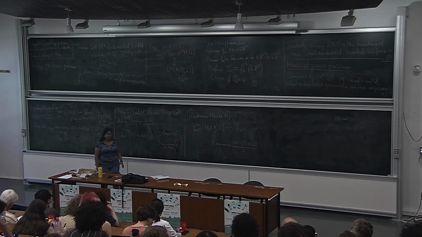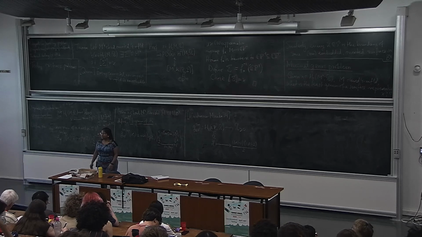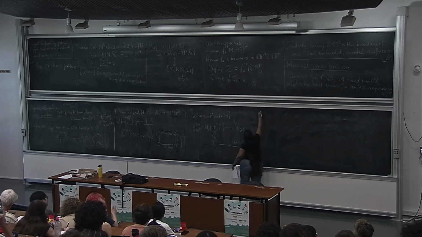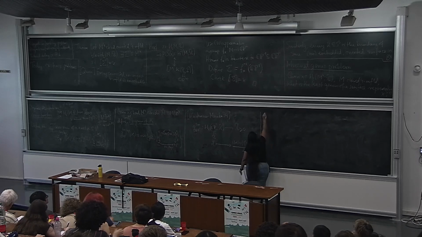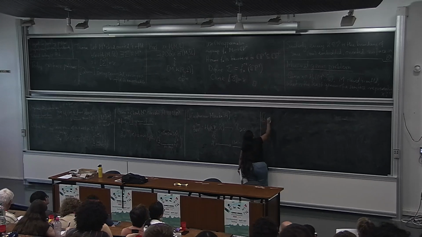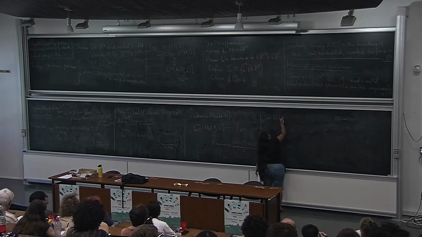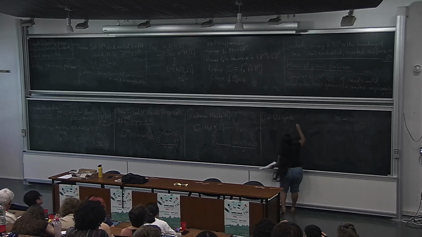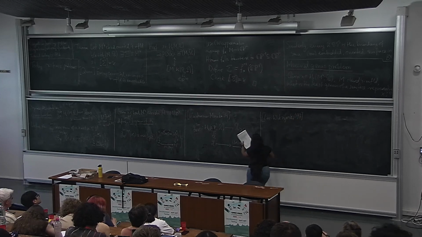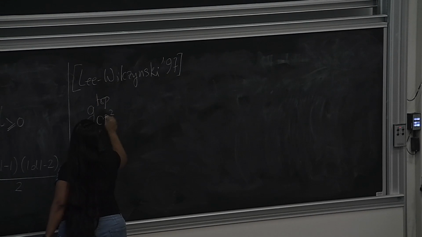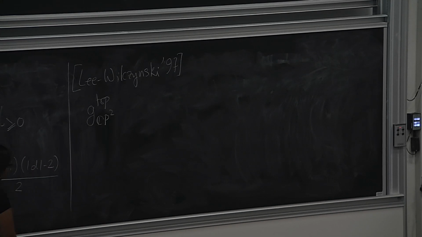Okay. All right. But now to answer your question, let me give you what we know about the topological genus function. This is another spectacular result, this time of Lee and Wilczynski. This is from '97. They showed something about the topological genus function.